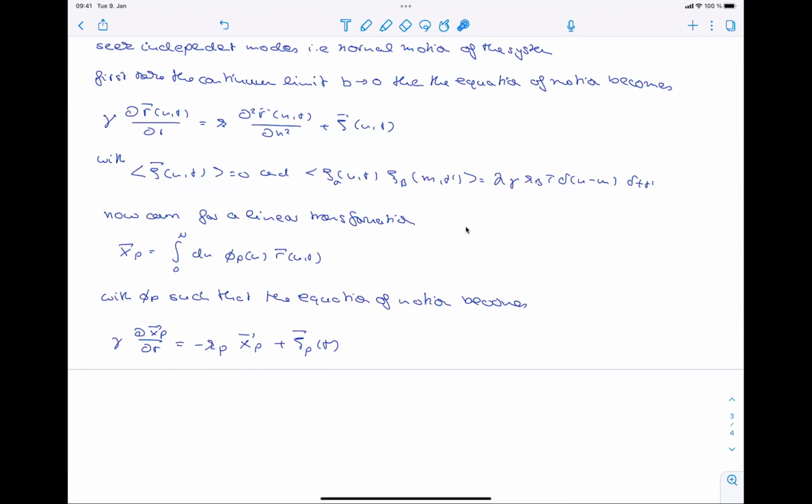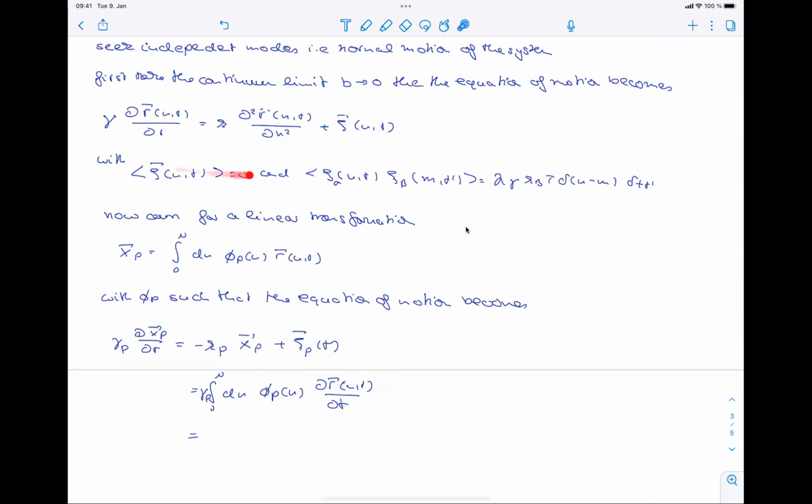And if this is our goal, what we know from the definition of X_p, if we put this in here and take the time derivative, is that this is equivalent to gamma_p, and phi_p does not depend on time, so we only have dR(n,t)/dt. And we know the dynamics of dR/dt.